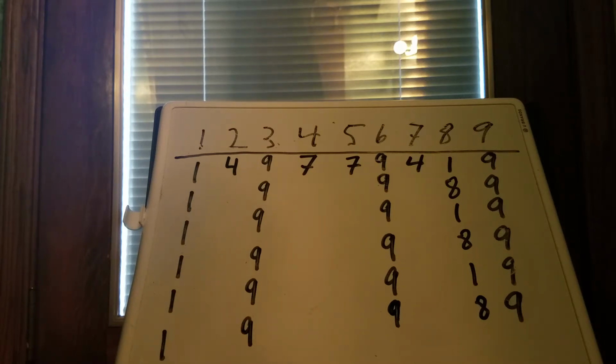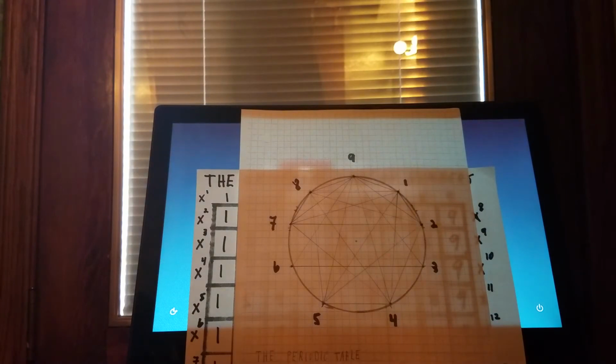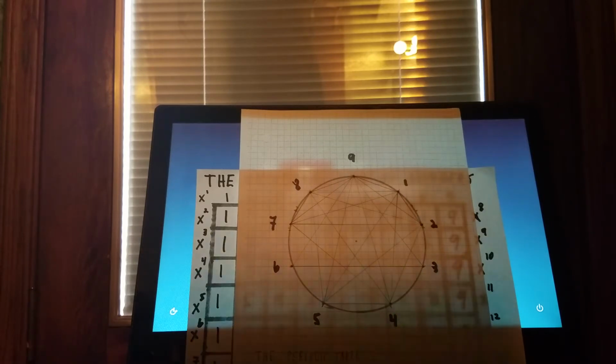So what about the sevens? Well, the sevens are 417, 417, 417.